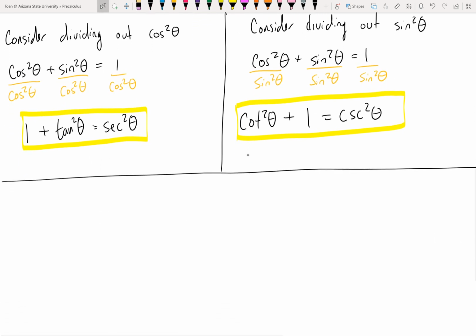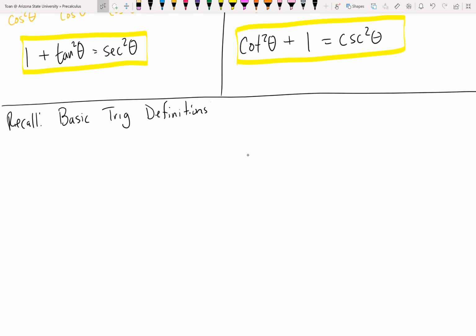What are some other basic facts that we have to remember? We must also recall how the reciprocal functions relate to each other. So these are the basic trig definitions. It's stuff that we should already know, but I'm going to go ahead and include them in our notes for completeness' sake. We should know that cosecant, by definition, relates to sine. Specifically, it's the reciprocal.